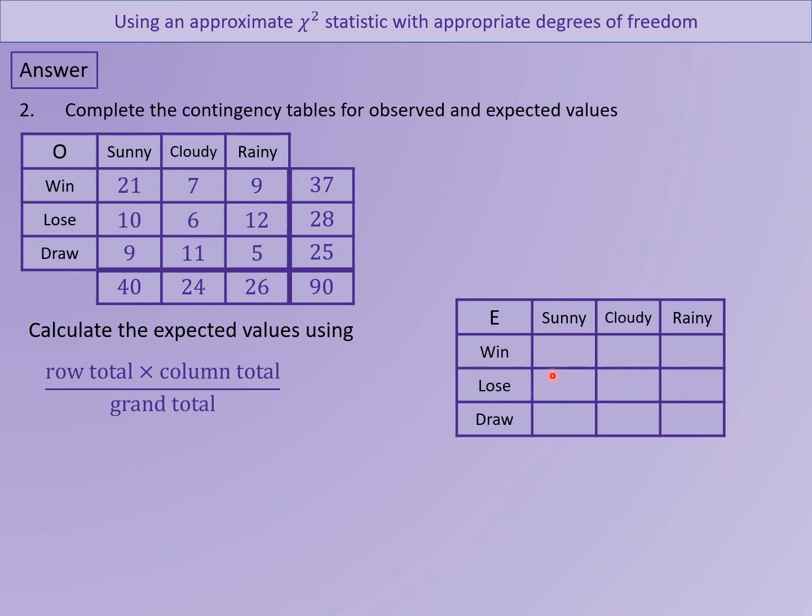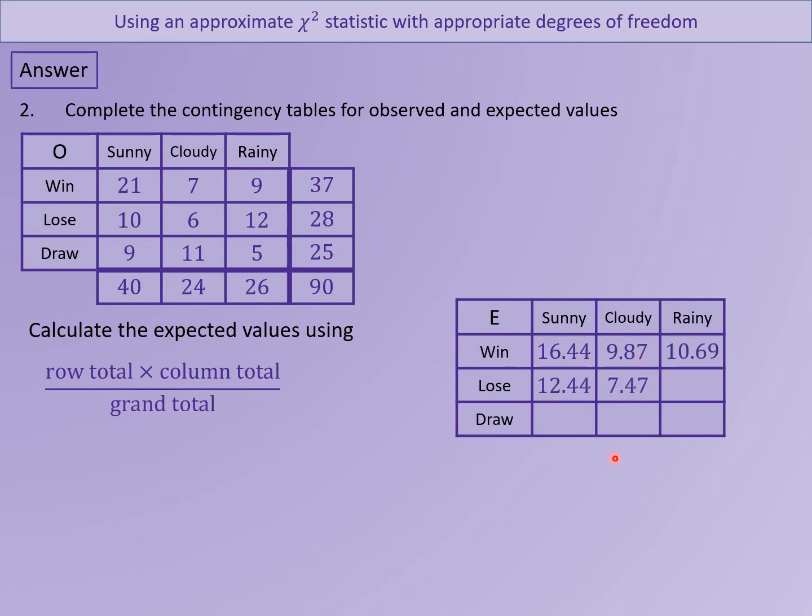So expected value. If I want to get this one just here, that is in the top row, first column. So it's the top row, 37, times the 40, divided by 90. And I can put that one in just there. This one, top row, second column: top row is 37 again, second column is 24, divided by 90.